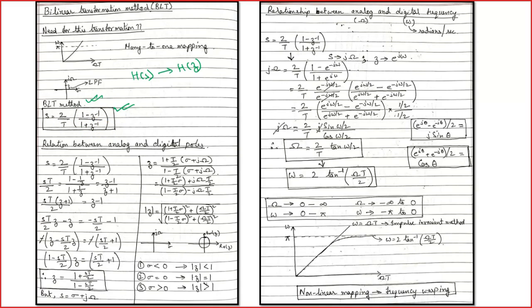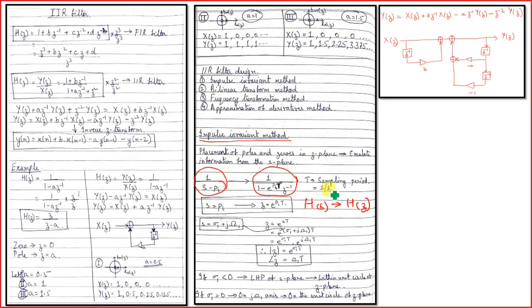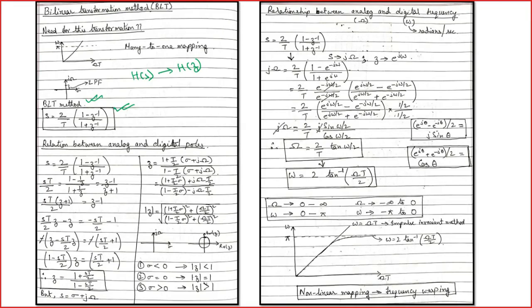Now, if you compare with the impulse invariant method, the bilinear transform equation is a bit complex, but it gives you the versatility to design the other filters.